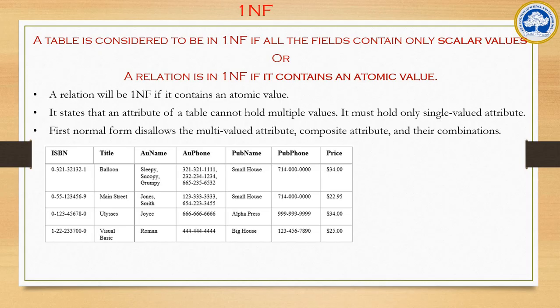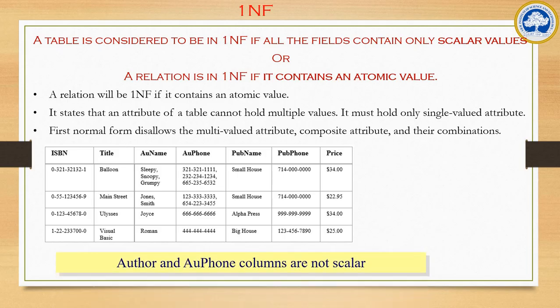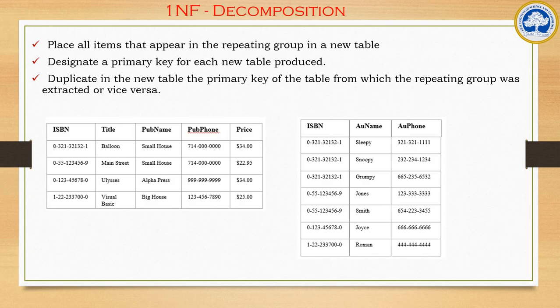If even one relation does not satisfy the condition, it should contain atomic values. So we need to apply decomposition. How can we do the decomposition here? We place all the items appearing in the repeating groups into a new table. Here we take author name and phone number, which are repeating, and ISBN is the primary key.